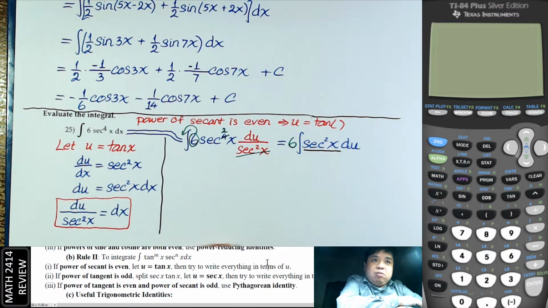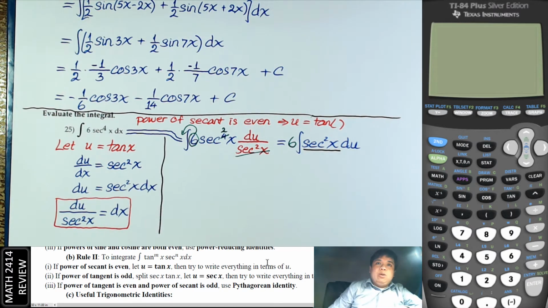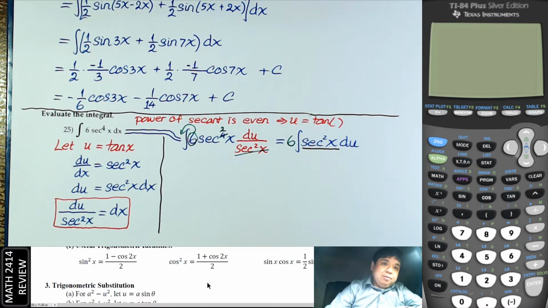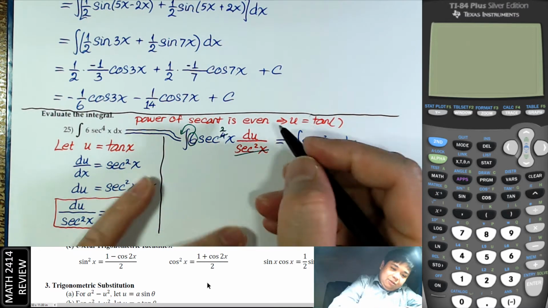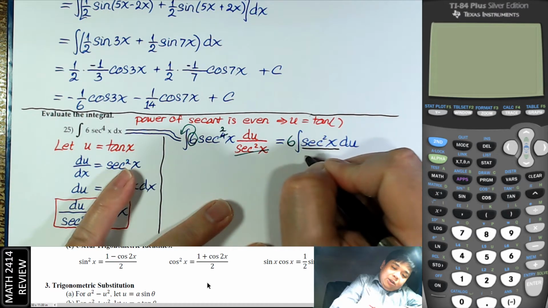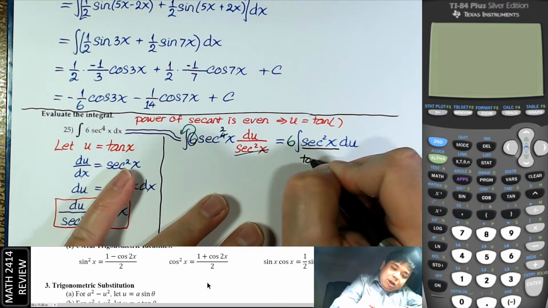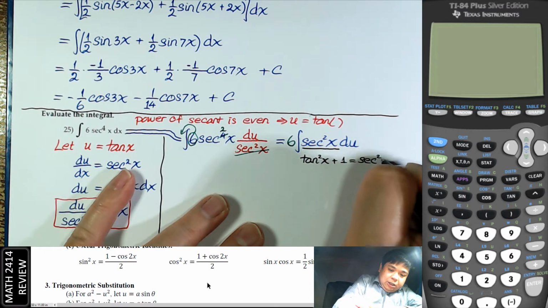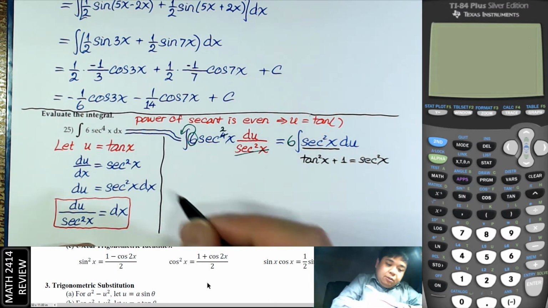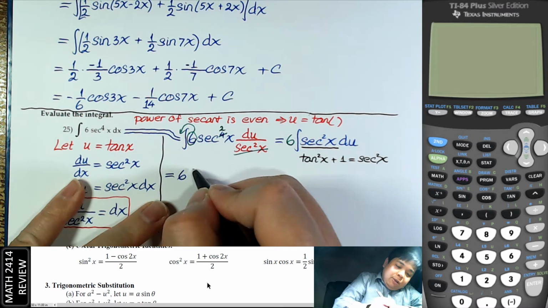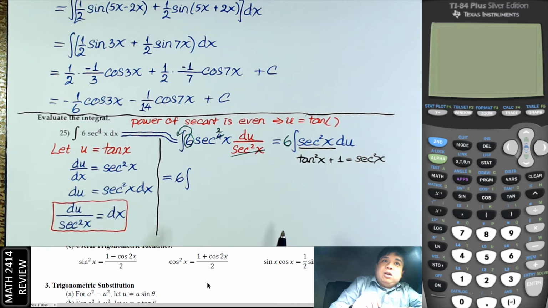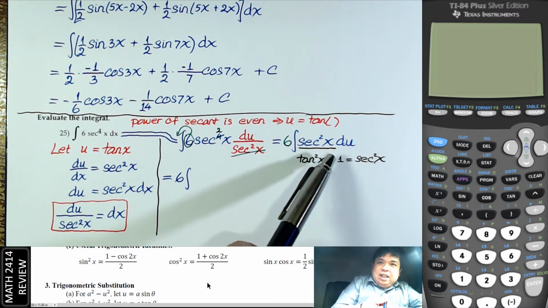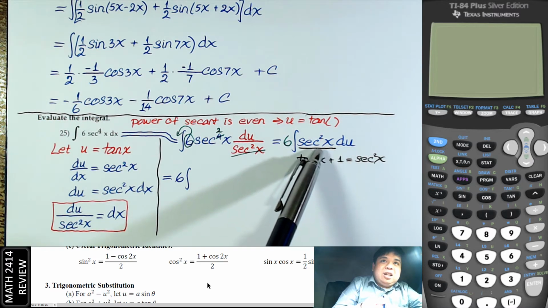Secant square, the identity is secant square equal to tangent square plus 1. It's not there, but you need to know that. So tangent square plus 1 is secant square. And you say that integral of secant square is tangent?